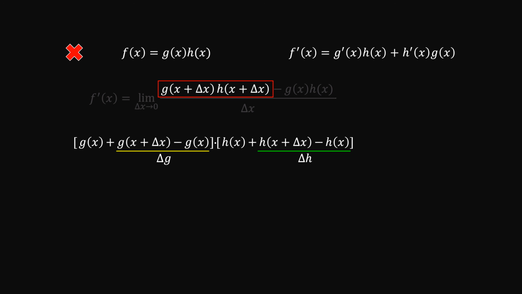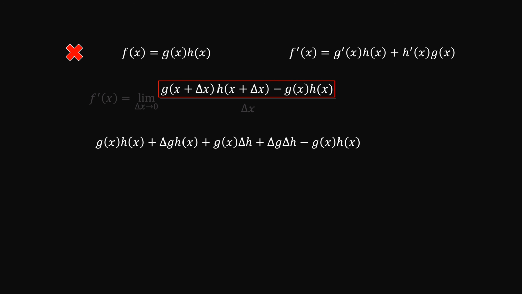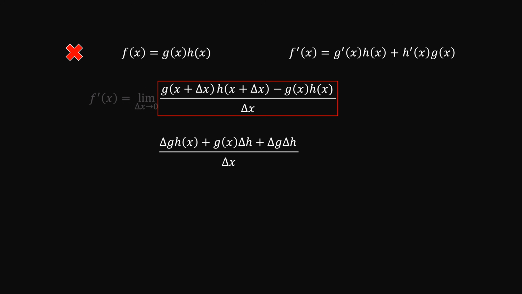This way, the first term is g(x) plus delta g times h(x) plus delta h. Then we multiply term by term for the first product. We get this. Now subtract the product of g and h. These 2 crossed out, leaving us with these 3 terms. Then divide over delta x and take limit.